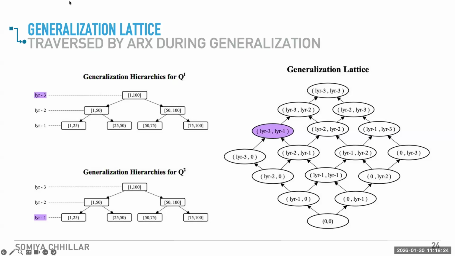Yeah, so we know that the bottom has raw data, and as we progress up, the level of generalization increases. As we move to the top, this is the maximum generalization, and it corresponds to the root node of all the hierarchies.